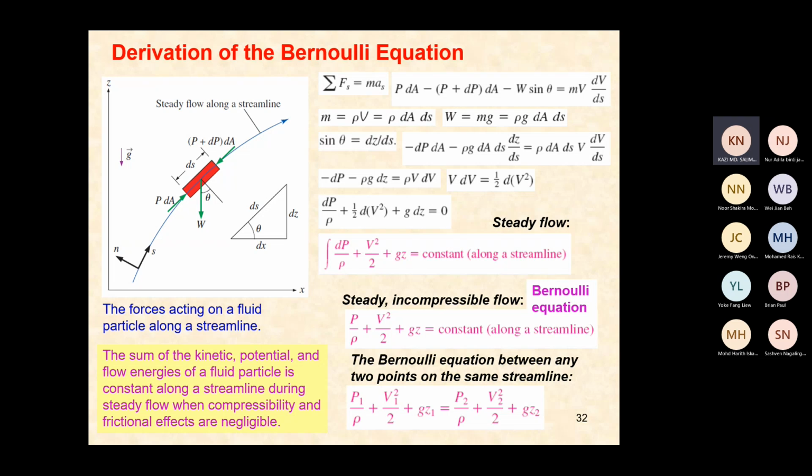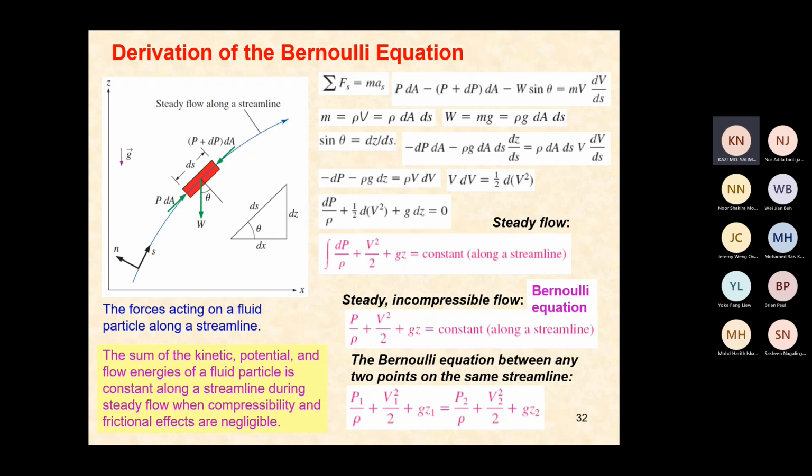From the previous equation, we can write sine theta is equal to dz by ds. Finally, it can be written minus dp dA minus rho g dA ds dz by ds, and from there, rho dA into ds v dv by ds. Rearranging this equation, dp plus rho g dz is equal to minus rho v dv.